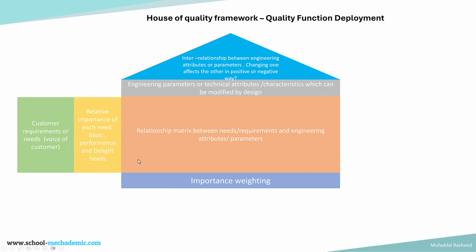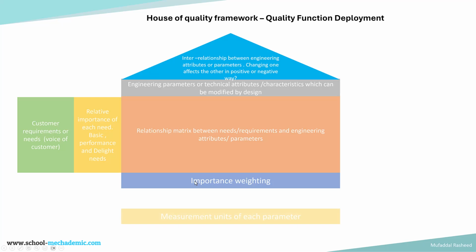So based on the relationship and the criticality of the customer requirements or customer needs, importance weightage is given, and the various engineering parameters are basically ranked based on their importance by the value of the relationship between the customer needs and the engineering parameters, and the ones which are important are rated highly.